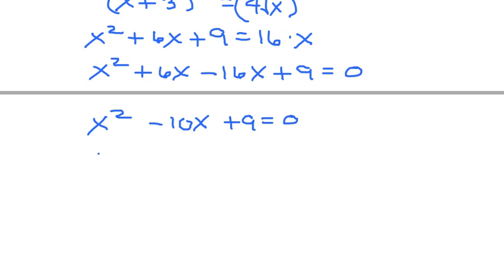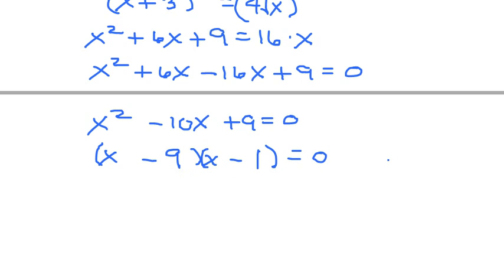Now that's actually not too bad. Let's factor this thing. What are we going to do? 9 and 1? Yeah, why not? 9 and 1, and we'll make that a minus and a minus. Right, because when we multiply those together, we get positive 9, add them, we get 10.